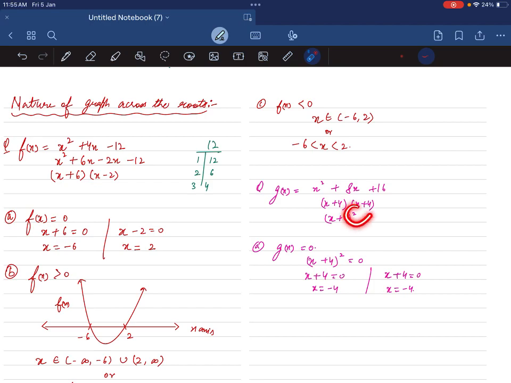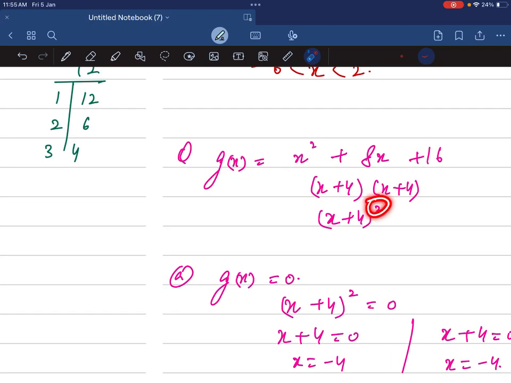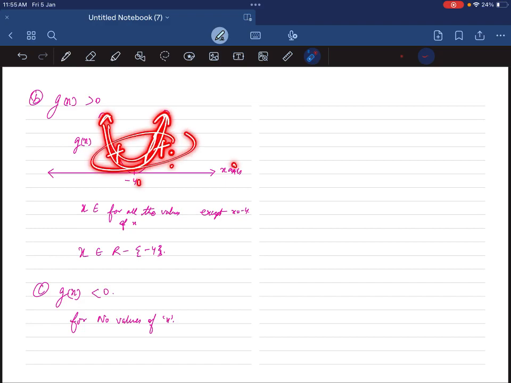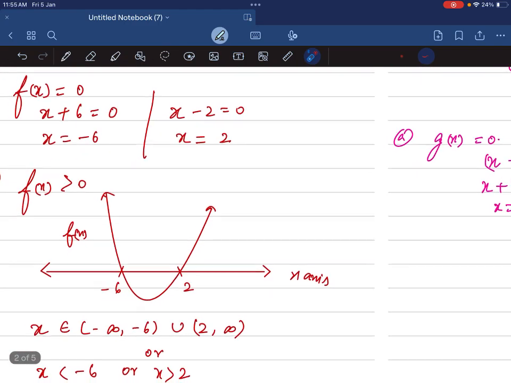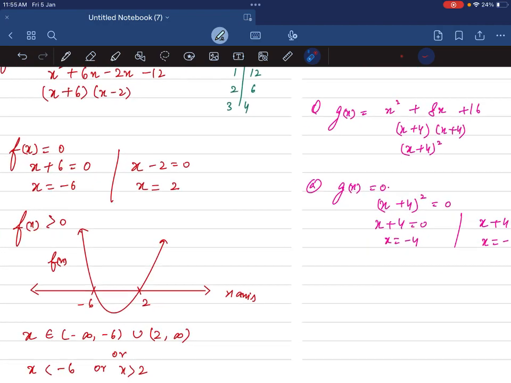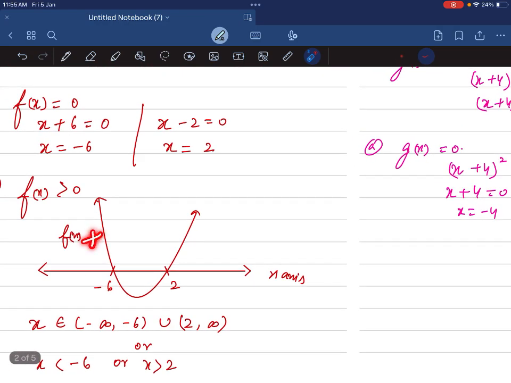So what we learned from these two questions is that when the root occurs with an even power, the nature of the graph across the root remains positive and positive; it is above the x-axis, so the nature of the graph remains the same. But in the previous question, these roots were occurring with an odd power, so the nature of the graph was changing across the root.